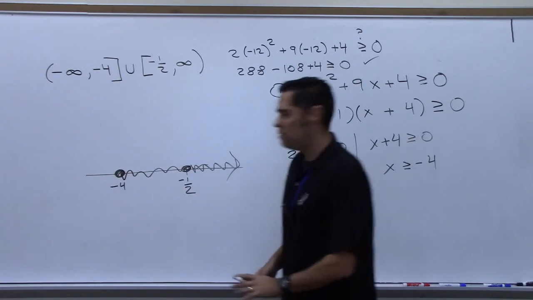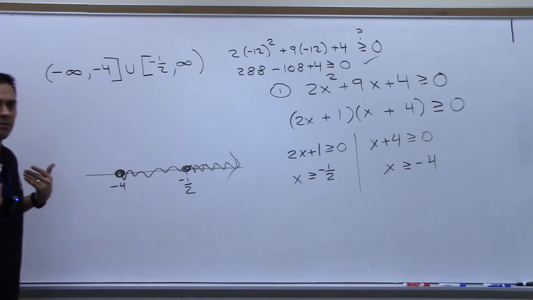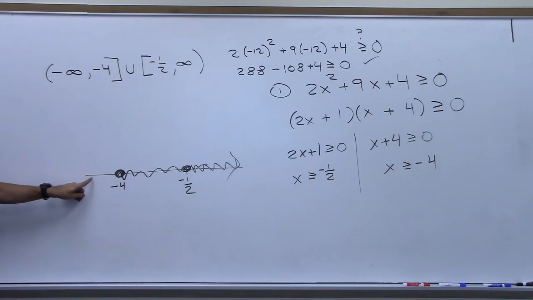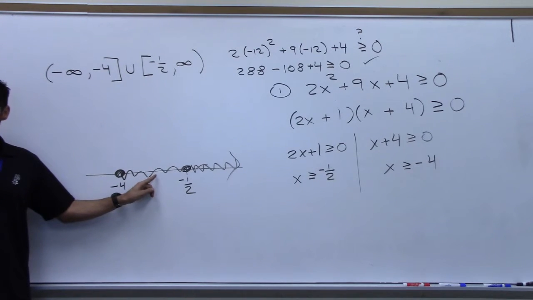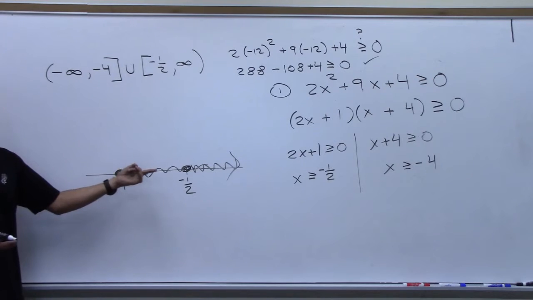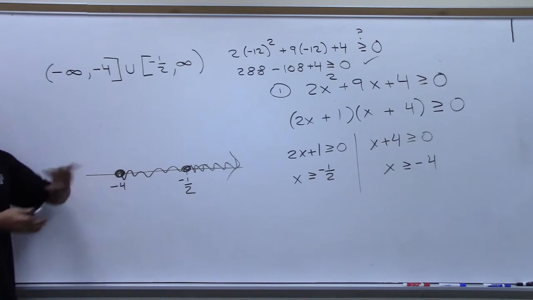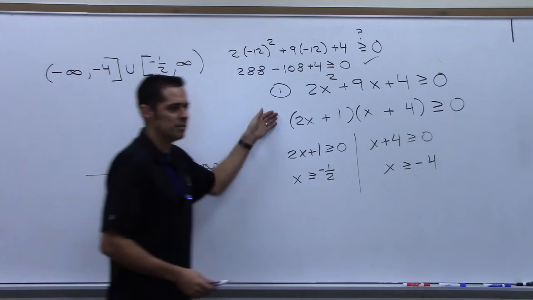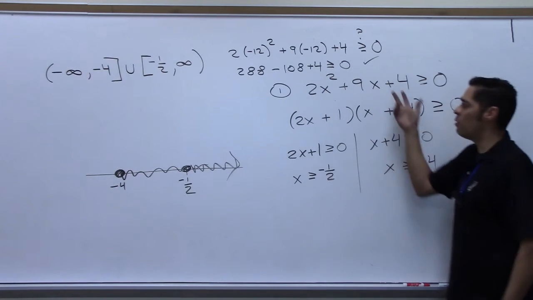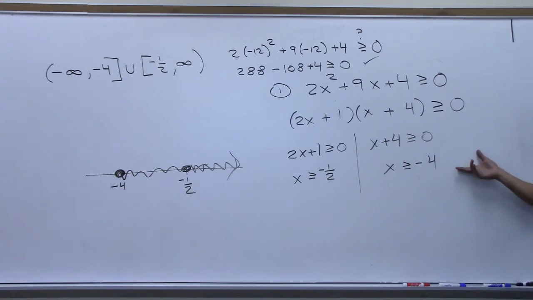Well, guess what? We already know. We checked some points ourselves, right? We knew that numbers over here worked. -12 worked. In fact, we checked in here, -1 didn't work. But according to you, it does. This is so wrong that it's penalized pretty heavily on a test. I don't care that you can factor. What I care about is whether or not you can solve a quadratic inequality properly.